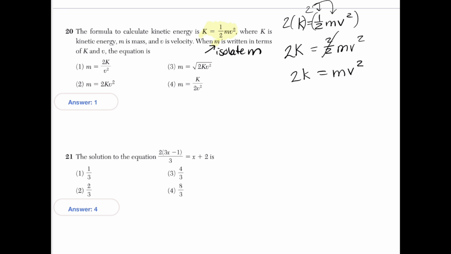Okay? Look at how much simpler that is now. Look at how much easier that is to work with. Now I want my m by itself. I can just divide this by v squared, and I'll divide this by v squared. Doing this will turn my right side into just 1m, because v squared divided by v squared is just 1.